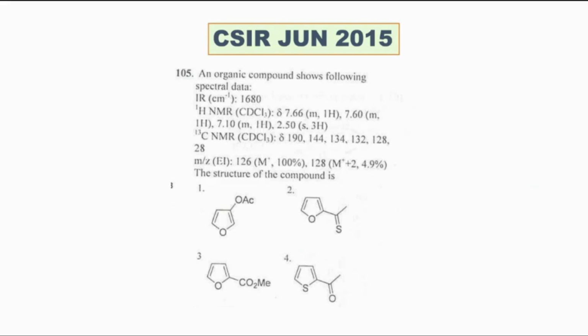So generally when you talk about mass and they talk about isotopes, you should be concentrating on only three kinds of atoms. One is bromine, the other is chlorine, the other is sulfur. In bromine, you have the isotopes 79 bromine and 81 bromine.